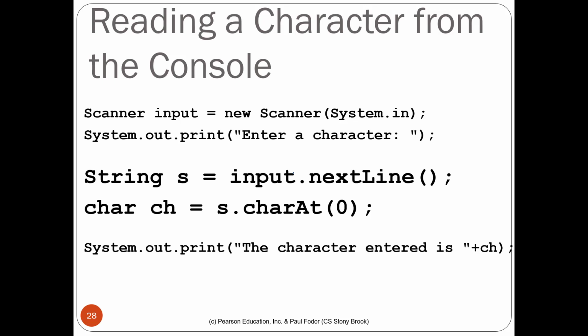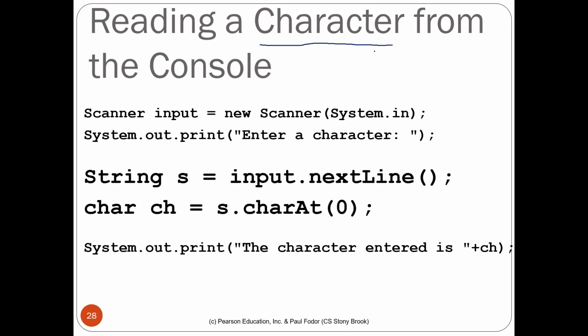So how about this one? Here we have input.nextLine. This is about a trick that you have to use for a character. How do you read a character from the keyboard? We have nextLine to get the string with spaces.